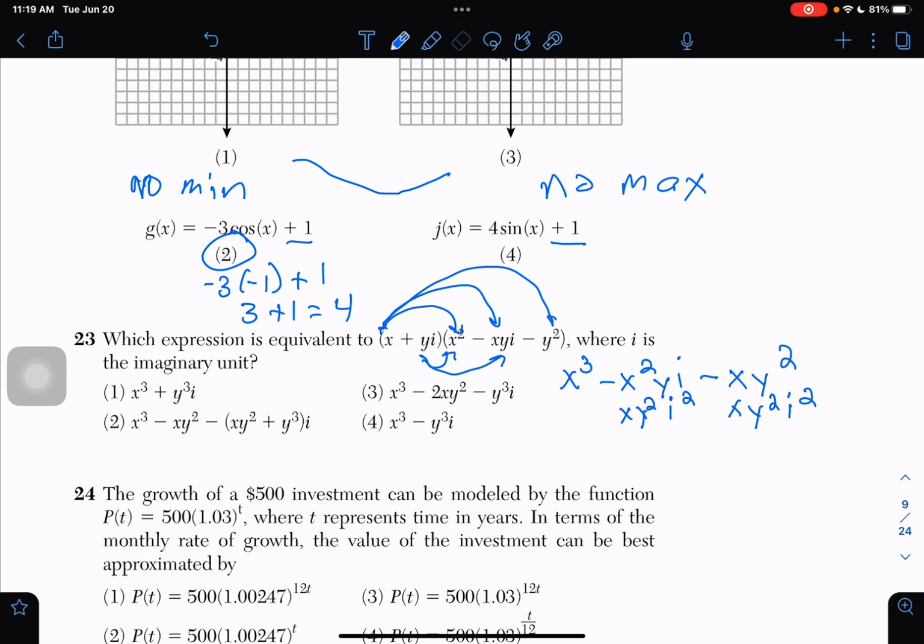This one over here doesn't have an i squared. And then the last one times the last one is y cubed i.